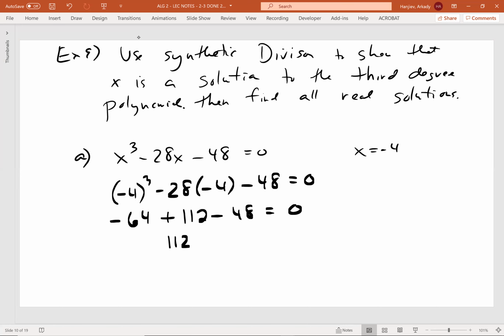What I like to do, I add up all my positives, add up all my negatives. That's 10, that's 12, and 10, 12, that will make it. All right, we've proved it. x equals -4 is a solution. That's awesome. Okay, now the question is, it tells us to find all the remaining ones as well.